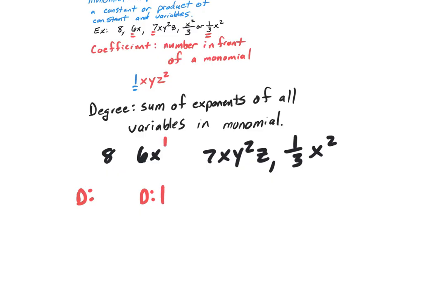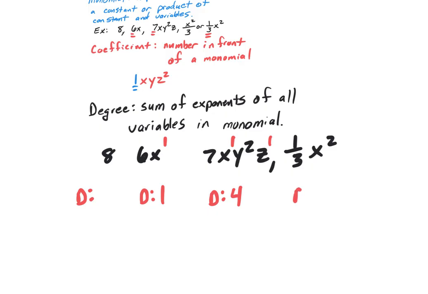Because it's the only variable, there's no addition that needs to take place. So my degree is just 1. For this one here, this is an assumed 1, this is a 2, this is a 1. So x and z both have an assumed 1, so my total degree would be 4.